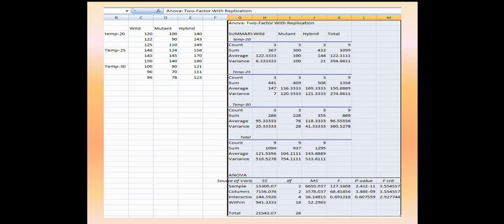So sample means rows, and rows means temperature. So for temperature there is a significant difference. Among columns also, columns meaning different types of stocks, a significant difference is there. And interaction means temperature as well as the stocks both show in this particular case a significant difference for interaction.